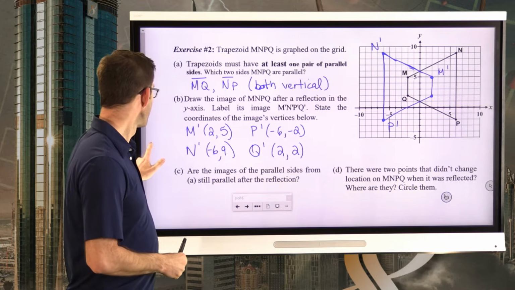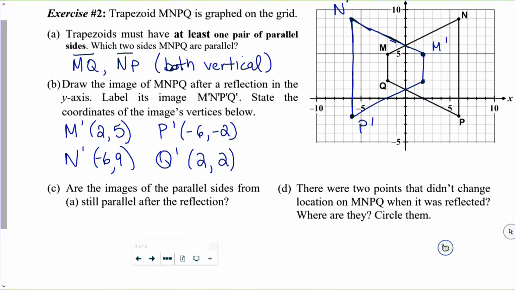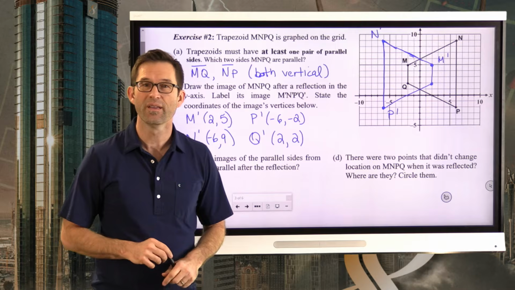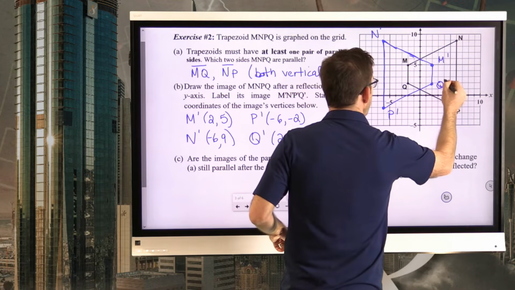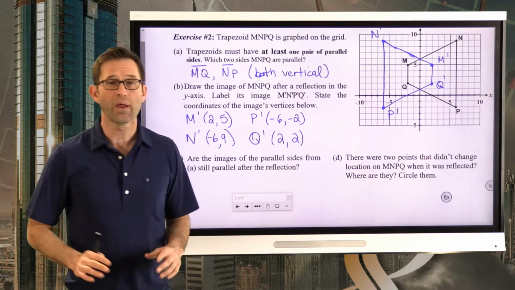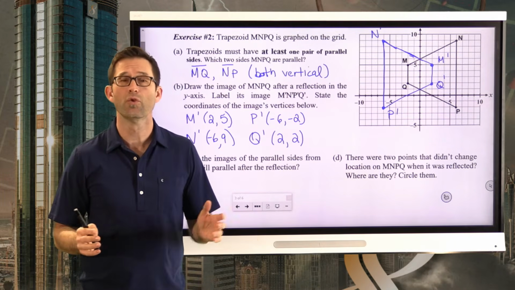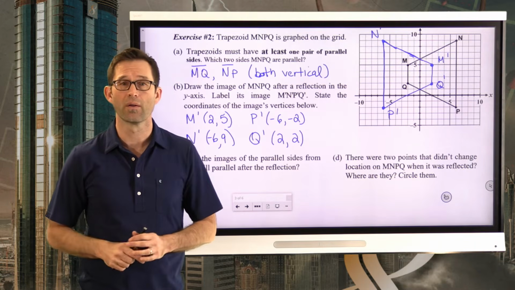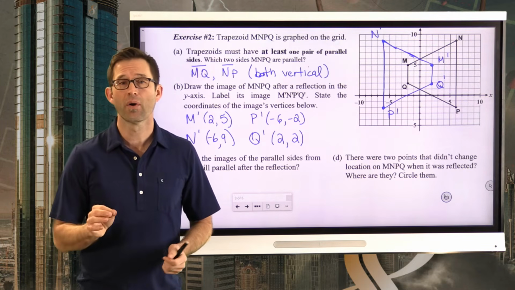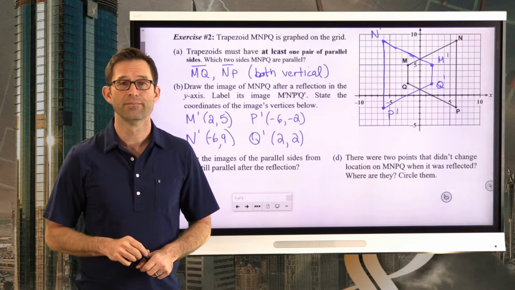Letter C. Are the images of the parallel sides from A still parallel in the reflection? Sorry, I forgot to label a point up here. There's no guarantee that when we transform two parallel line segments that their images will also be parallel. Are they in this case? Pause the video and think about this for a moment.